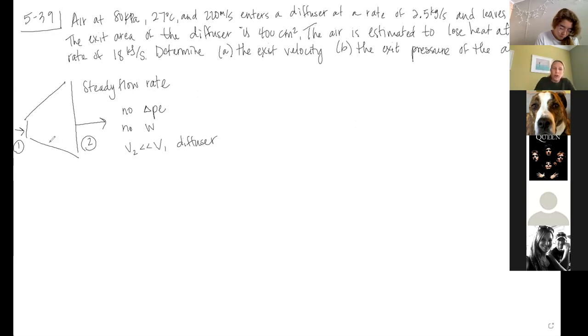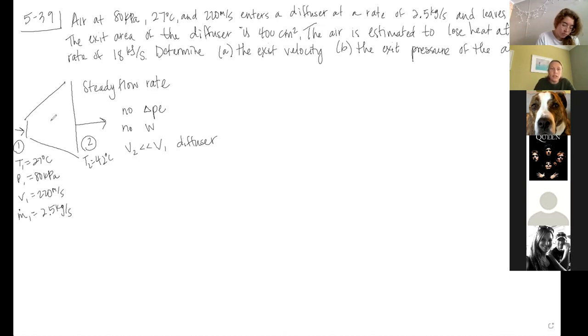Okay, we know that the temperature entering the diffuser is 27 degrees Celsius. We know that the pressure entering is 80 kilopascal. And we know that it's entering at a velocity of 220 meters per second and a mass flow rate of 2.5 kilograms per second. We know that it leaves at 42 degrees Celsius.